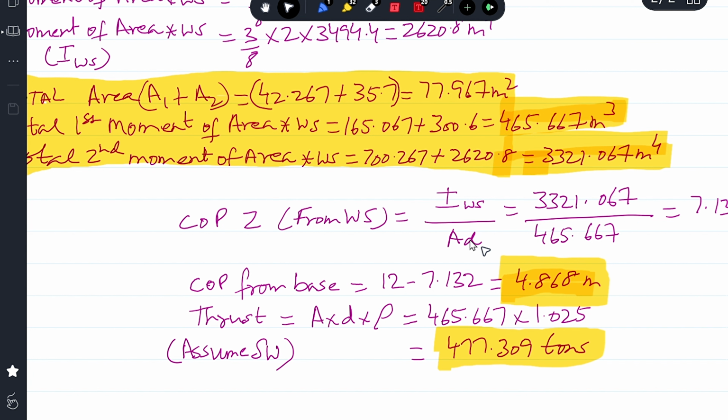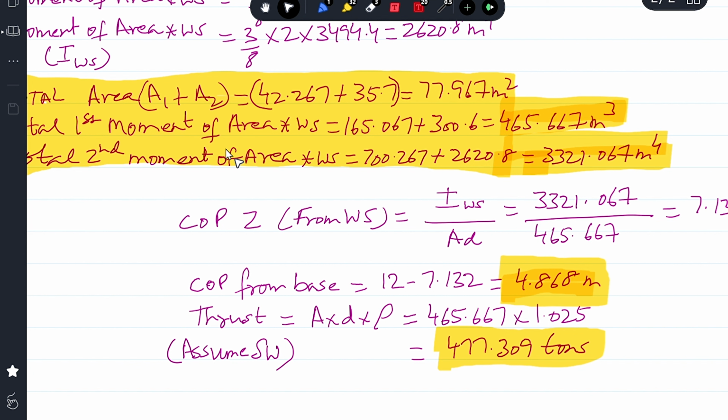Otherwise, you will have to find D. D is the depth of the centroid of the immersed bulkhead from water surface. That will be a longer method, but you know that immersed area A into its distance of the centroid from water surface is nothing but first moment, if you have taken the moments about water surface.